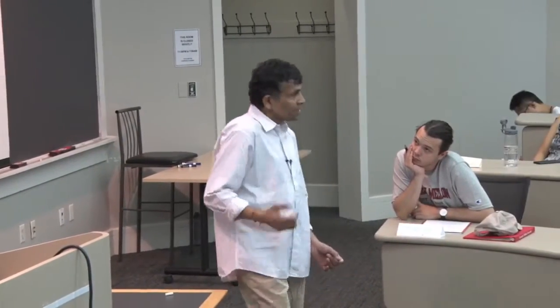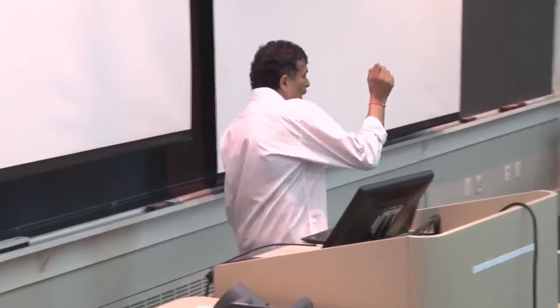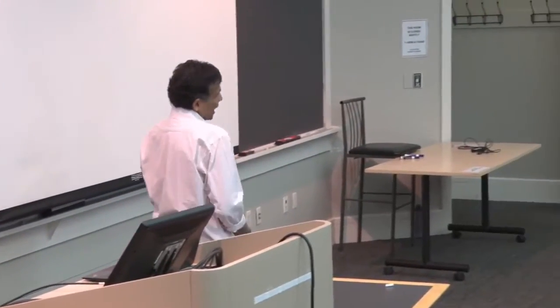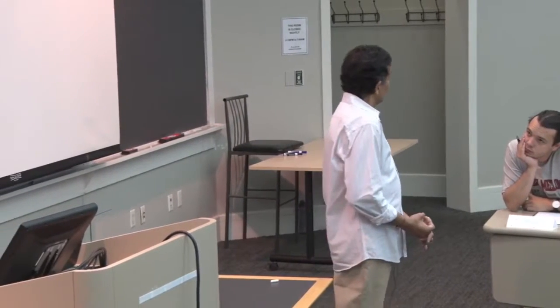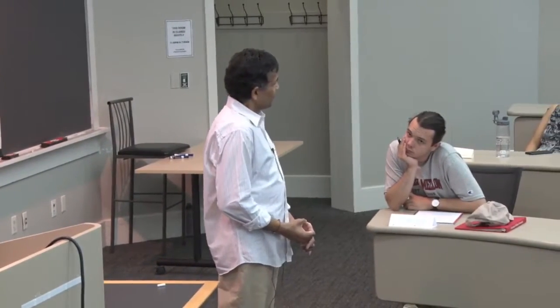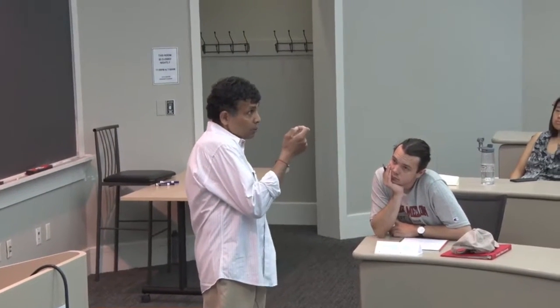Now, the reason I chose an XOR as an example is very simple. If I think of an XOR as a classifier, what happens if I just lose one bit? What does the accuracy become? Yeah, if I just lose one bit, the XOR is going to be wrong half the time.